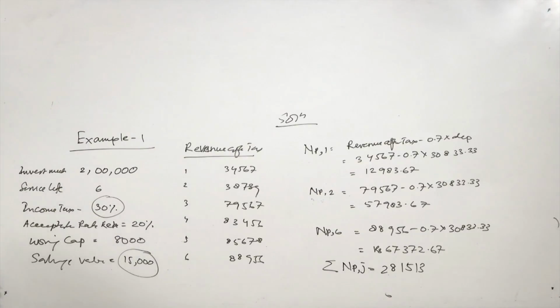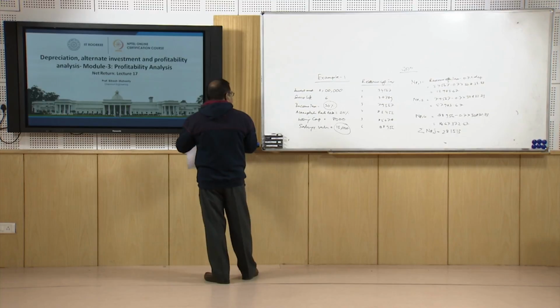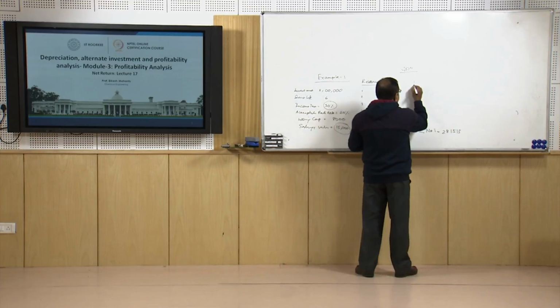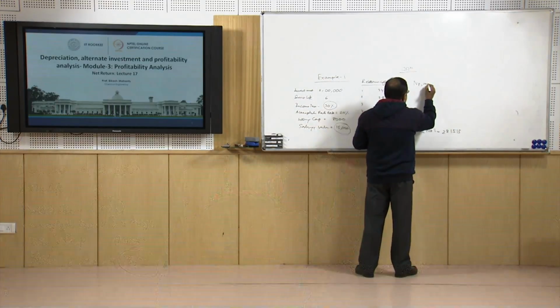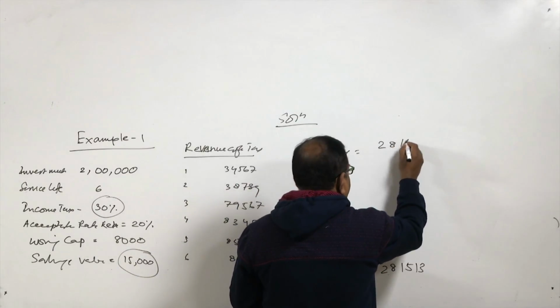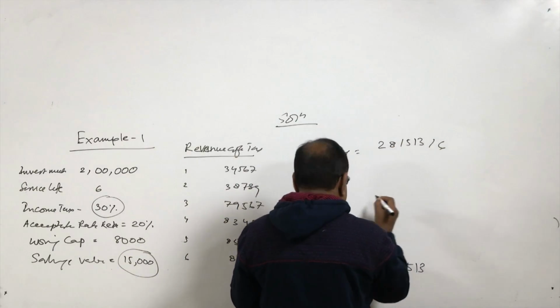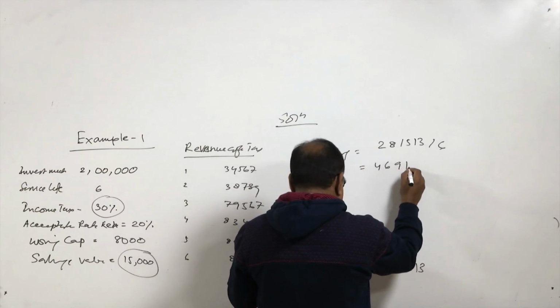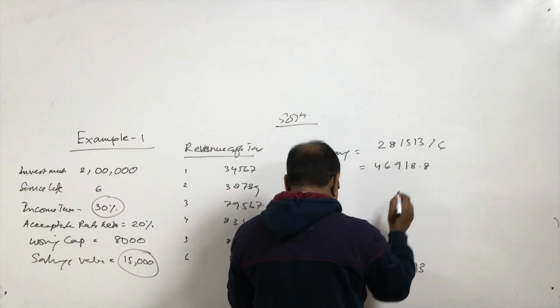Once this summation is known, I can calculate the NP average value. NP average is equal to 281513 divided by 6, which comes out to be 46918.8.